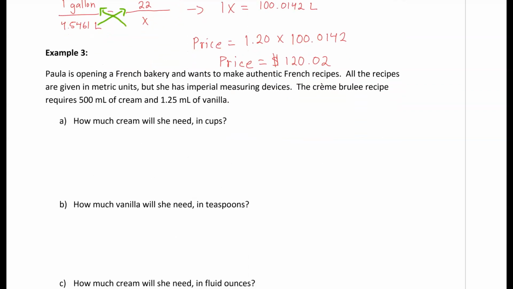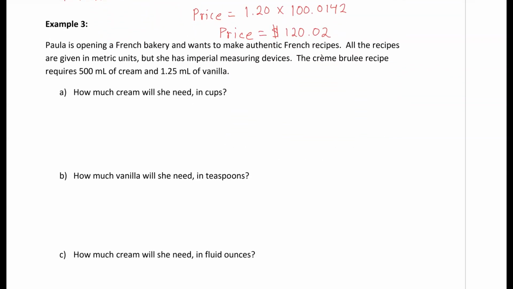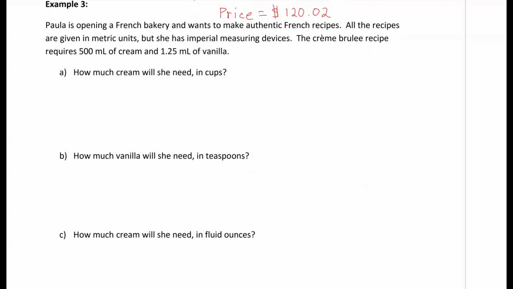In example 3, we have Paula is opening a French bakery and wants to make authentic French recipes. All of the recipes are given in metric units, but she has imperial measuring devices. A creme brulee recipe requires 500 milliliters of cream and 1.25 milliliters of vanilla. So how much cream will she need in cups?